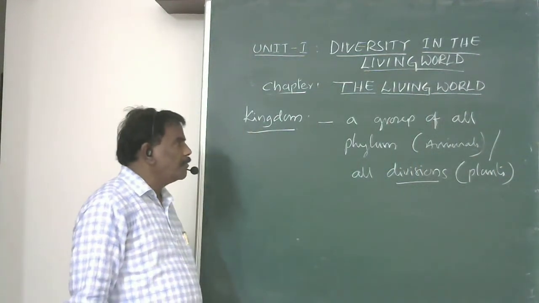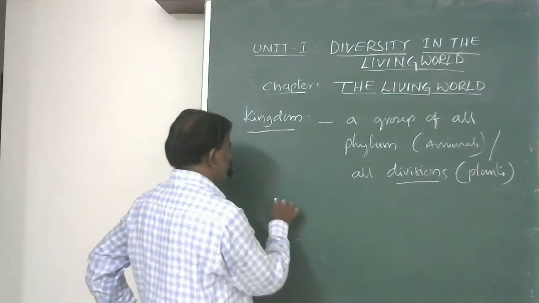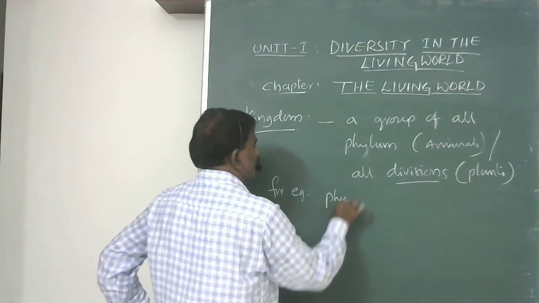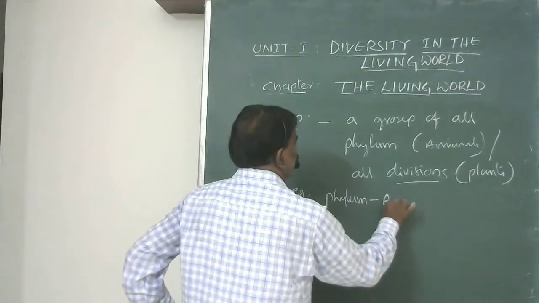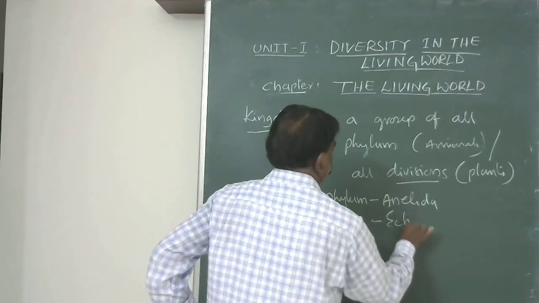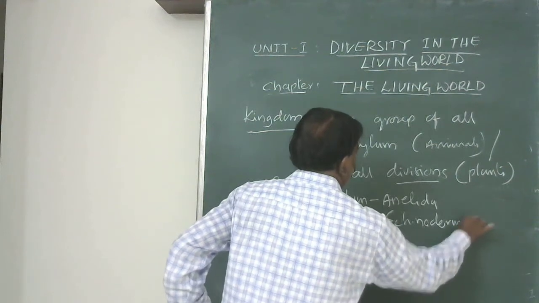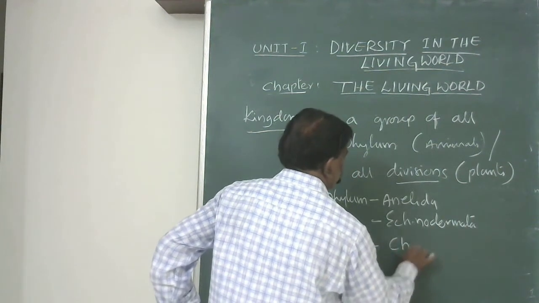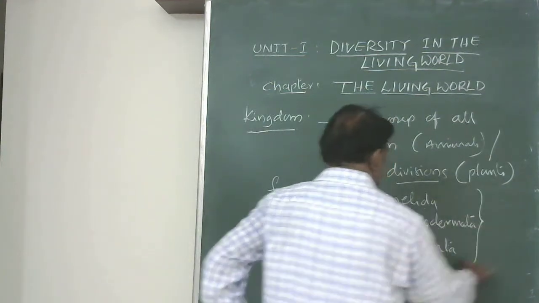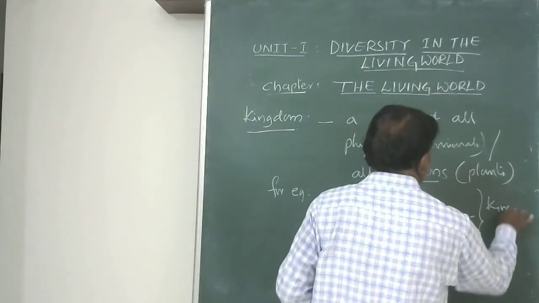For example, phylum Annelida, phylum Echinodermata, phylum Chordata, all phyla are included in kingdom Animalia.